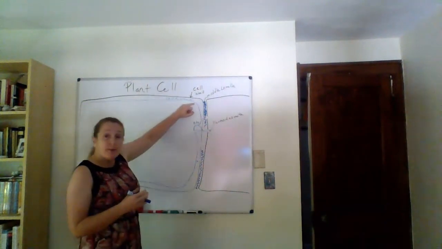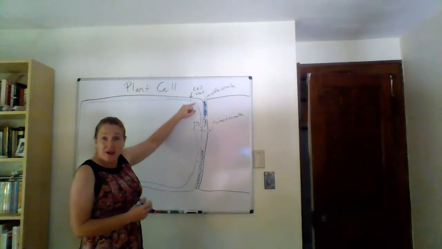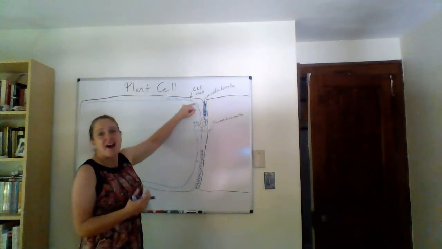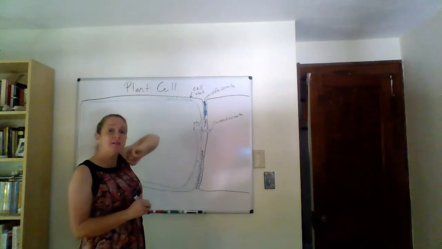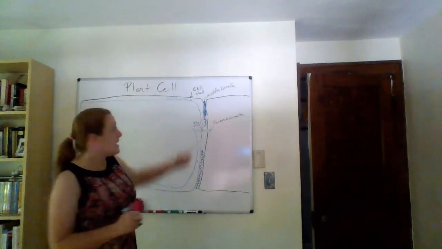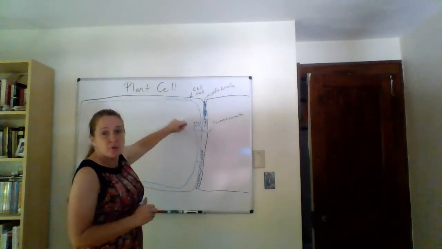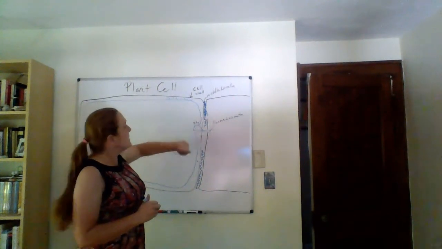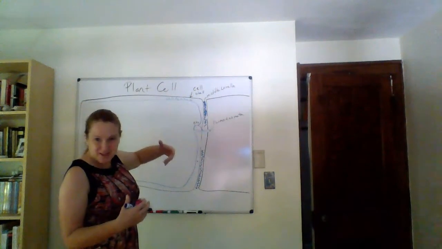Now, the cell membrane is going to be made up mostly of phospholipids with those hydrophilic water-loving heads and the hydrophobic tails that are repelling water. We'll have two of them together, and they will be making that bilayer. In our cell membrane, we're going to have all kinds of proteins, and those proteins are going to allow this cell to be able to let molecules in and out, to communicate with other cells.